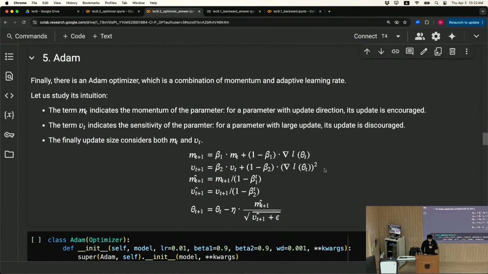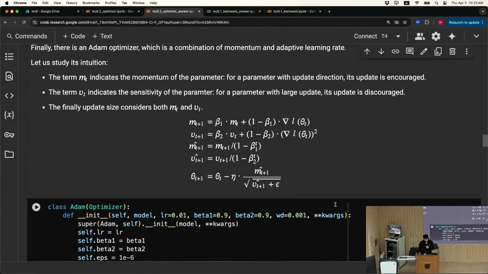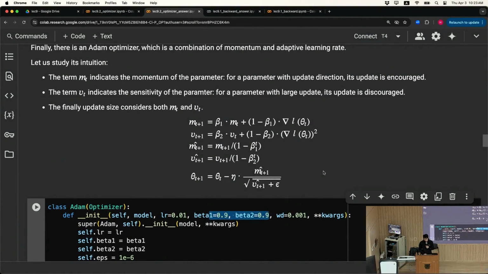So here's the equation. Momentum is the same. You compute the velocity, but here the velocity is beta 2 times the previous velocity plus 1 minus beta 2 times the gradient squared. And here you take the momentum, divide by the velocity. The betas, beta 1 and beta 2, are both going to be very large numbers, like 0.9.